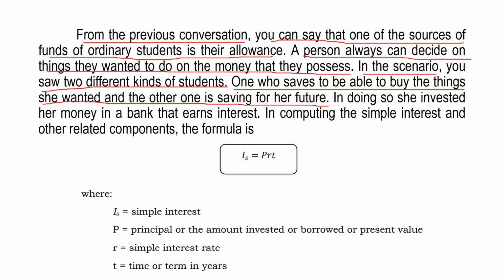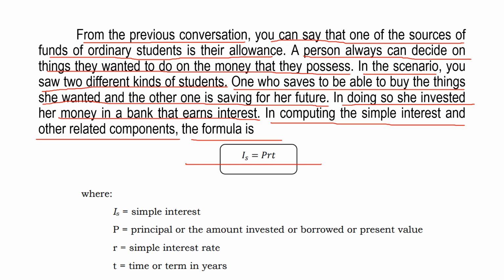So it is the same scenario that we can apply on this conversation of Janice and Jamaica. So in doing so, she invested her money in a bank that earns interest. So in computing the simple interest and other related components, the formula from our previous module is I sub S is equal to PRT.